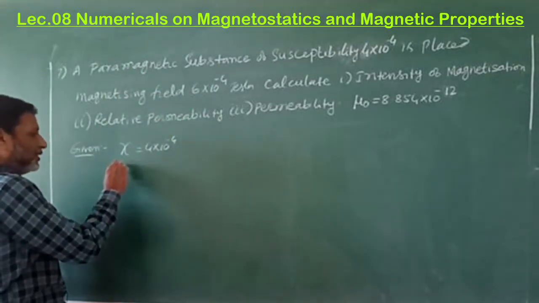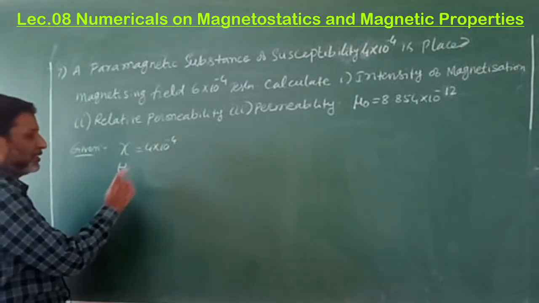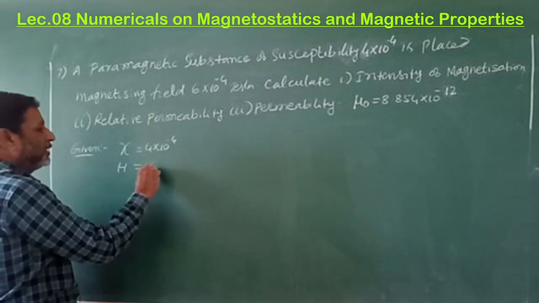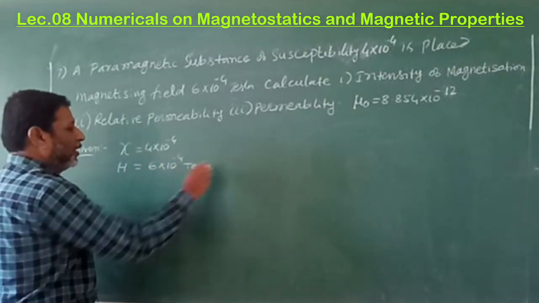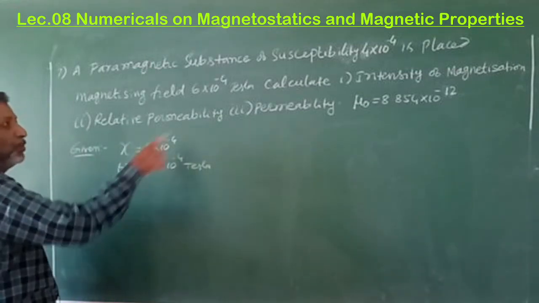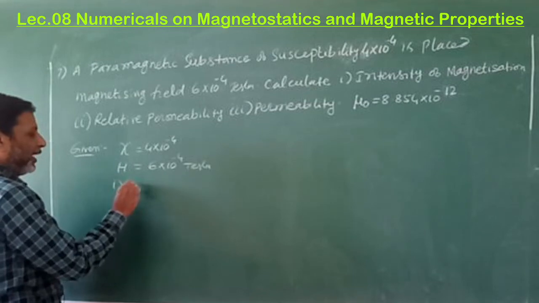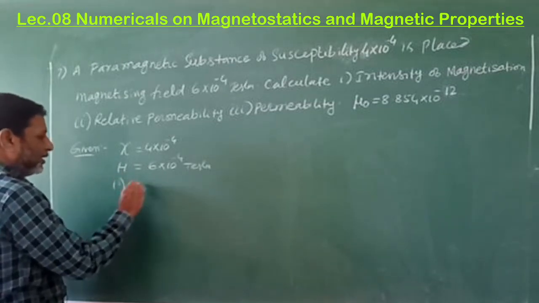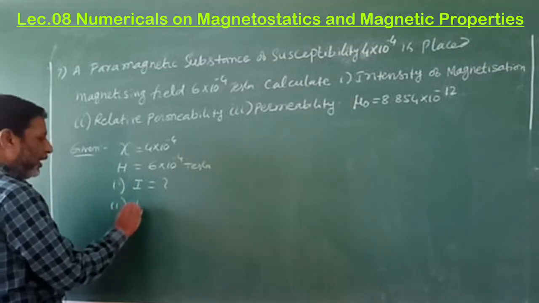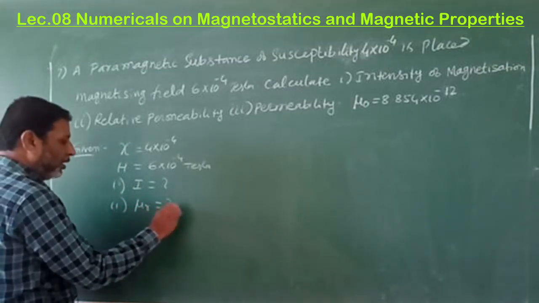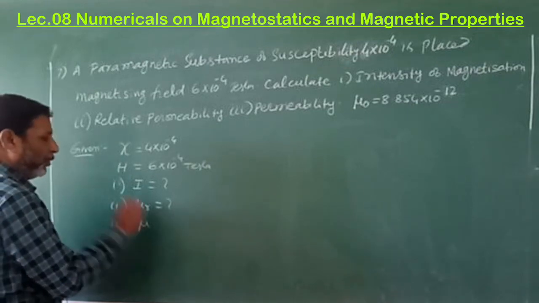Now the intensity of the magnetizing field, represented by capital H, its value is given as 6 into 10 raised to minus 4, isn't it? By using these two, you have to find the intensity of magnetization. It is represented by capital I. Next, second is the relative permeability mu r, and the third is the permeability mu.